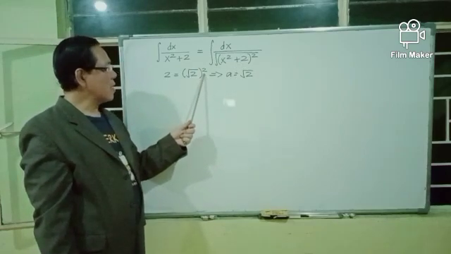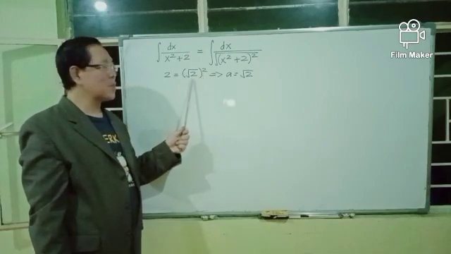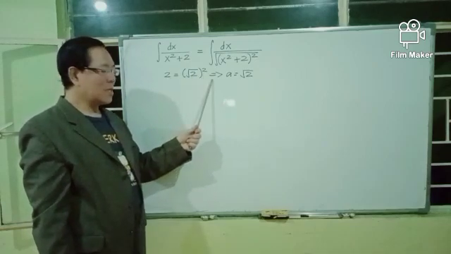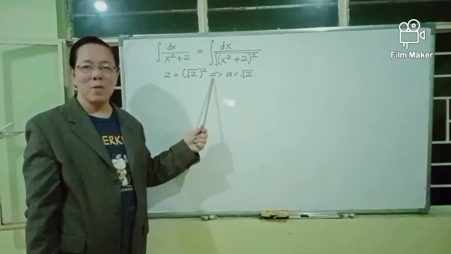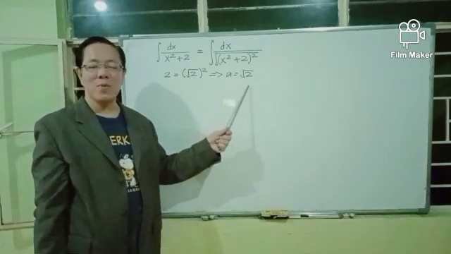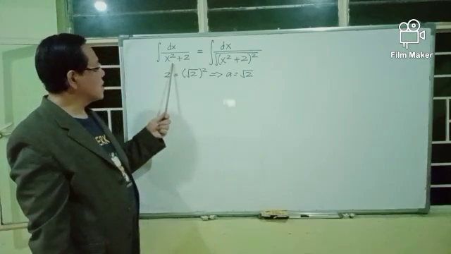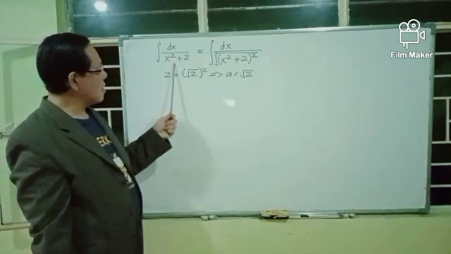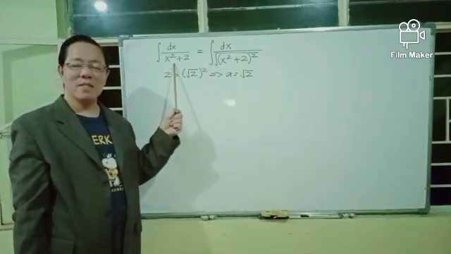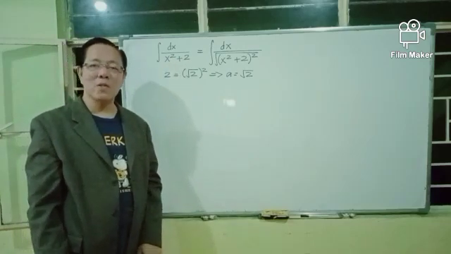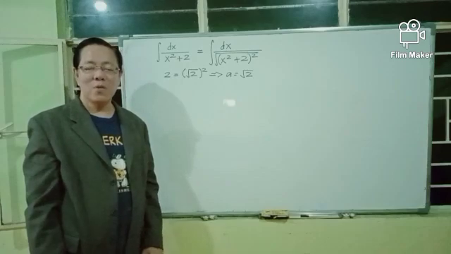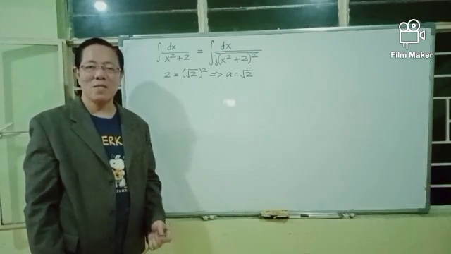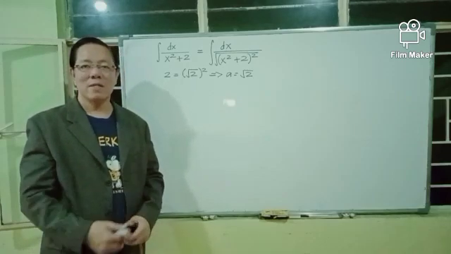If you simplify the square of the square root of 2, it simplifies to 2. So this implies that the constant a in the trigonometric substitution that we will use is equal to the square root of 2. And now this expression is similar to the square root of x squared plus the square of a constant, for which we let x equals a times tangent theta.